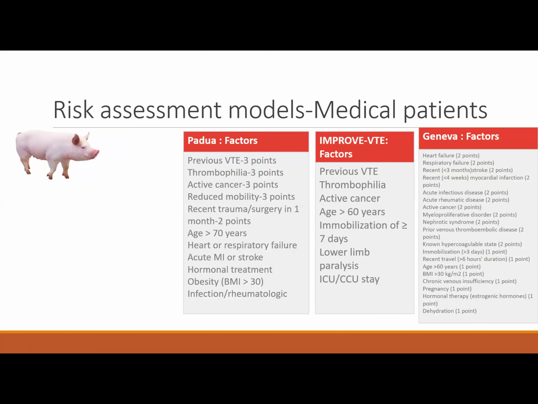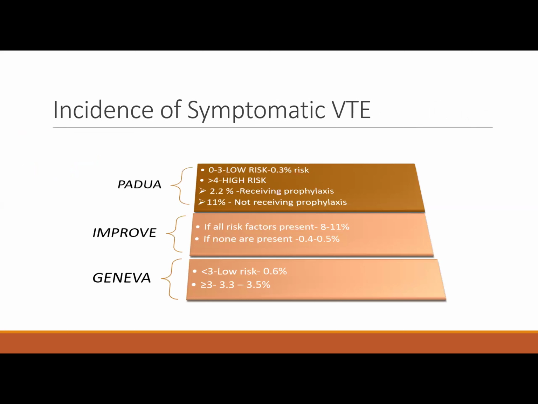Coming to the risk assessment models, the 3 major risk assessment models for medical ICU patients are, first, the Padua, followed by IMPROVE VTE and the Geneva risk score. These are available as online calculators, and all of us can do the calculation in our patients.